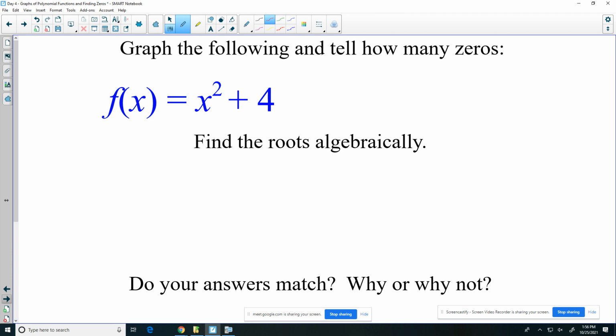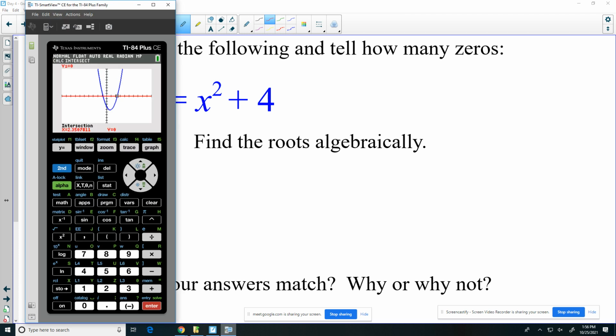Take a look at this graph right now on your calculator, please. Y equals x squared plus 4. And I'm going to turn off the next one. I don't need that. How many zeros are there?